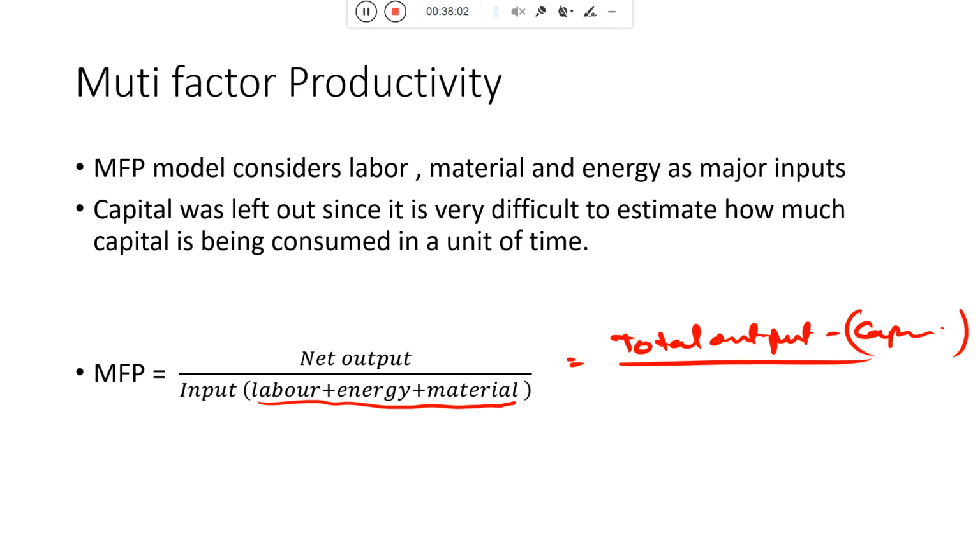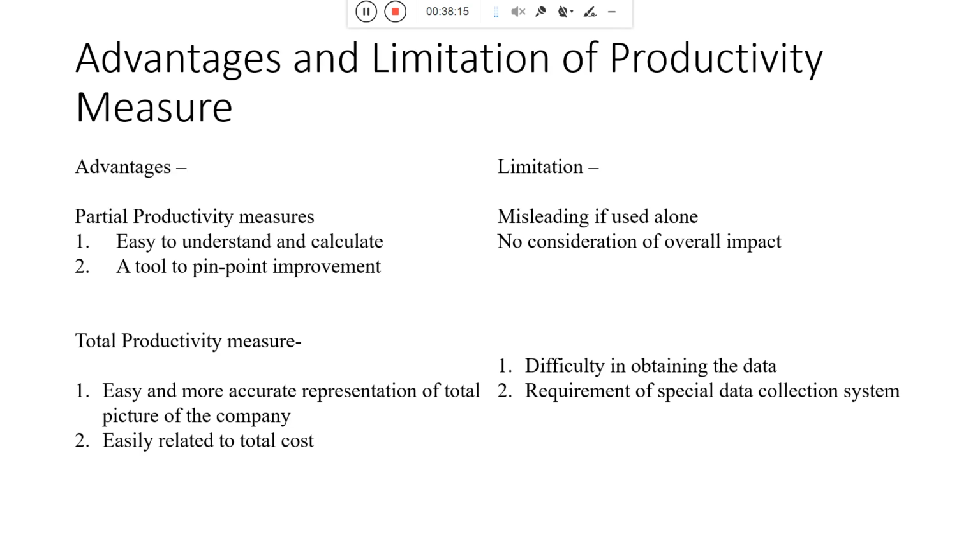Are you getting my point? And what is your purpose in calculating productivity? On the basis of that you will select one particular index and one particular type. Now, what are the advantages and limitations of partial productivity and total productivity measurement?